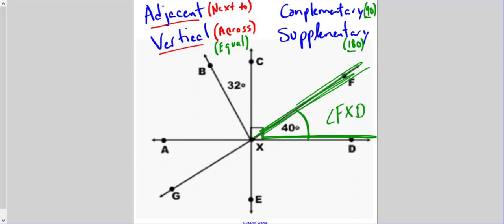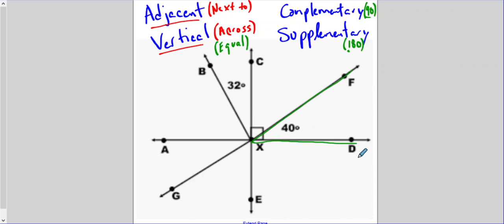So, actually, let me erase that because I got a little bit sloppy. This angle, I'm going to start with that again. FXD is 40. Together, this angle and this angle form that right angle there.